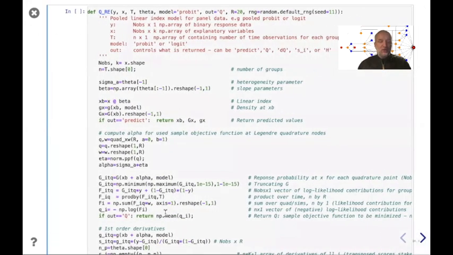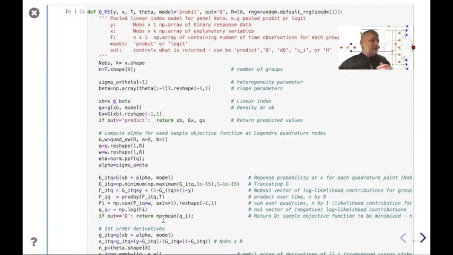So we are also taking the log of that density in terms of the observables, and then the negative value, because we're minimizing the negative of the average log likelihood. And that's what we throw at our solver after taking the mean over all the observations.